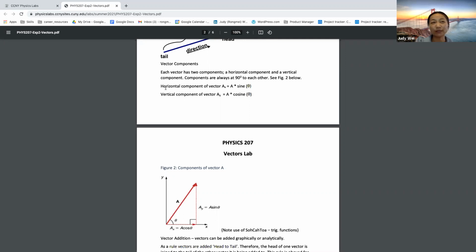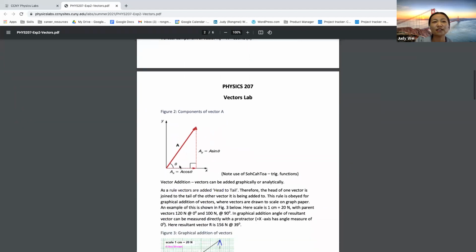Any vector, you can calculate its horizontal component by the original vector times cos theta, where theta is the angle of the vector from the horizontal line. The vertical component AY is calculated by A times sine theta. You can see here this is the x-axis and this is the y-axis, and to calculate the xy components of vector A, you normally use these two equations.